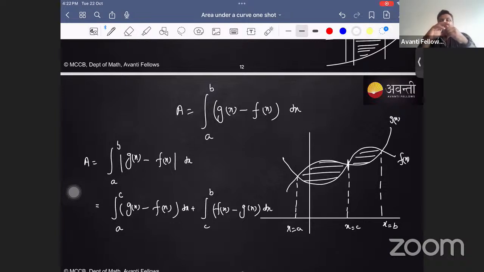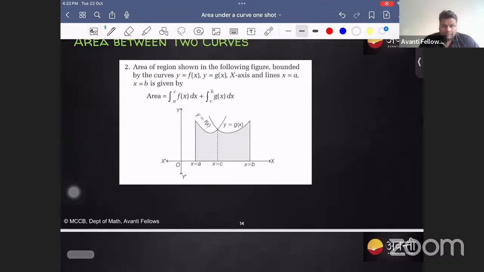And accordingly, we find the answer. Now, area of the region shown in the following figure, bounded by the curve fx gx x-axis and the line x equals to a and x equals to b. Now simply nothing much to do. You have to find out this area.